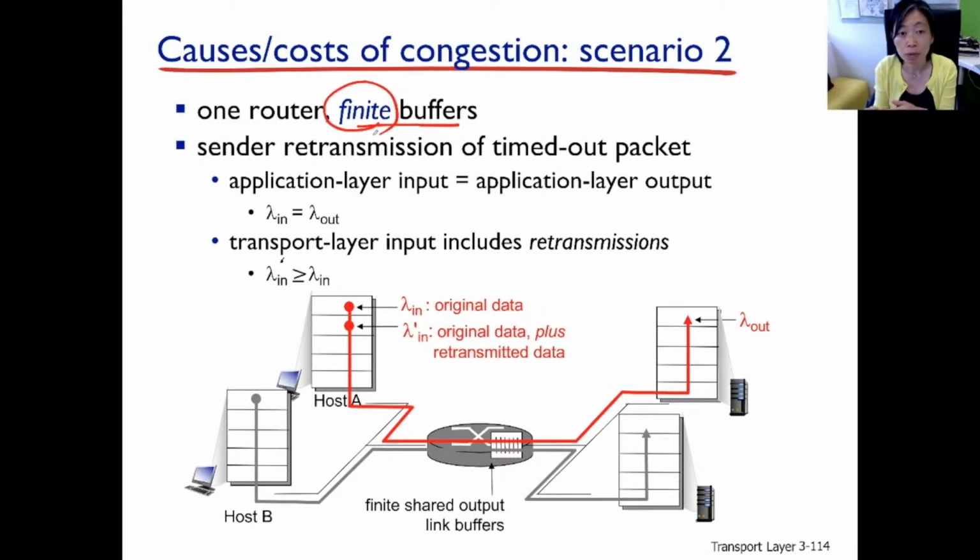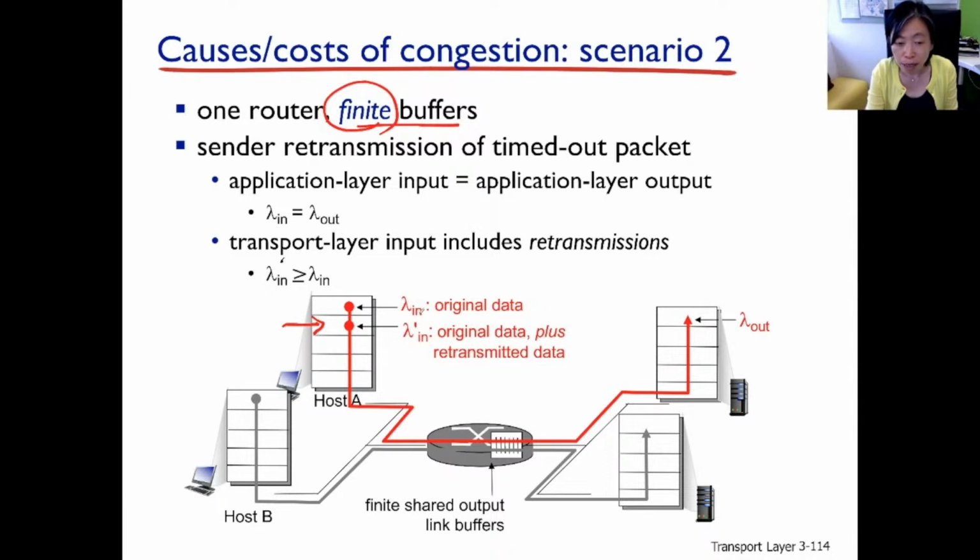In scenario 1, we have an infinite buffer, so we don't have packet drops. What's bad about that scenario is just that we will have long delay. But now in scenario 2, we have finite buffer space, so potentially we could have packet drops, and potentially we need to retransmit packets. And retransmission here is at the TCP layer.